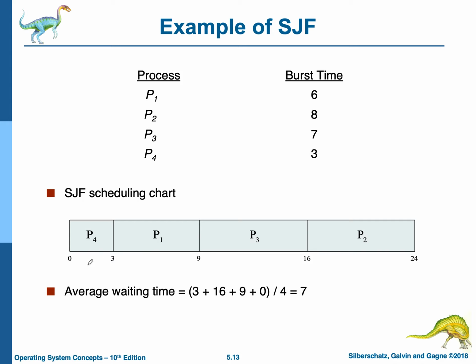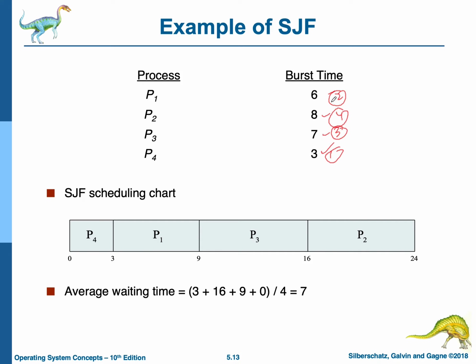As we have already seen, P4 requires only 3 units of time. If we see here that P1 arrives at 6 units of time, and 8 units of time, and 7 units of time required, and 3 units of time. So this will go first, and this will go second, and this will go third, and this will go fourth.